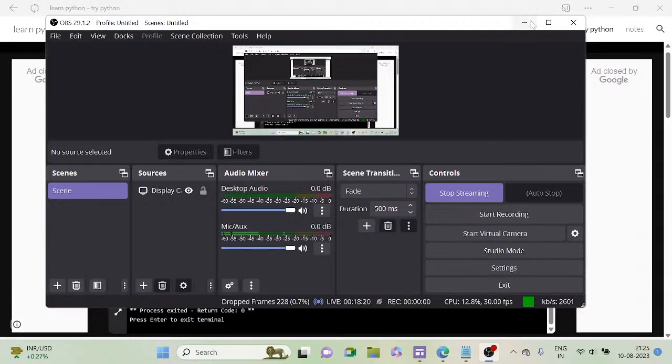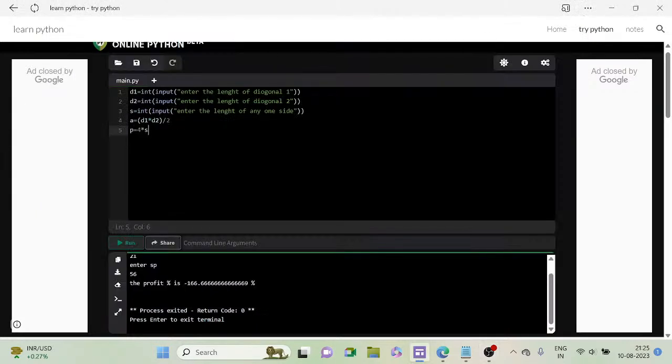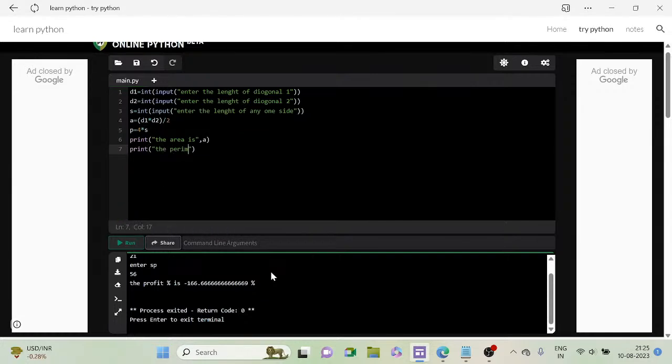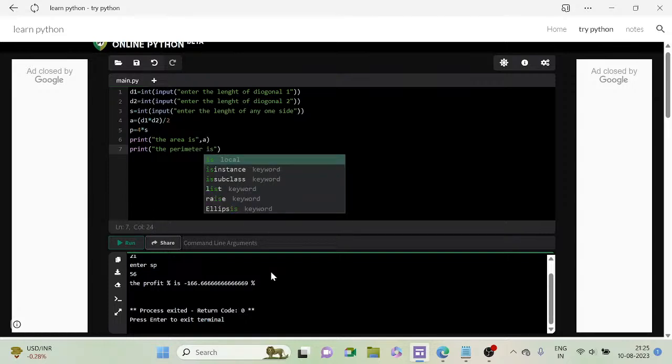Okay, so now let's continue. The next thing, print the area is, comma a, then on the next line print the perimeter is, comma p.